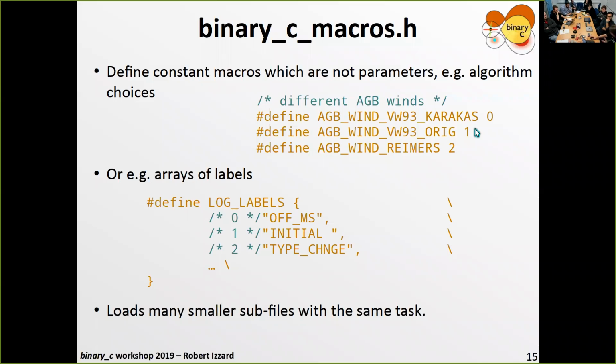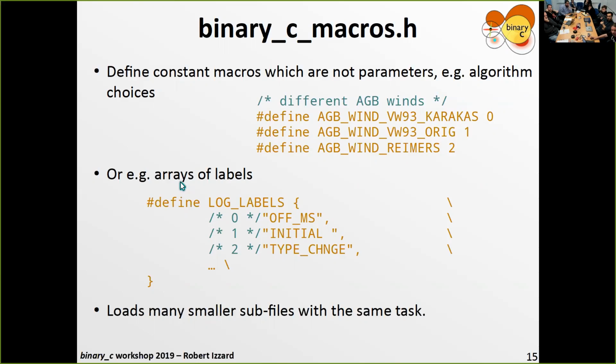You can also do this on the command line when you run it. You can also do this in binary grid when you run it. You can do it with the Python interface when you run it. So I would always recommend using the words because it's much more obvious to someone coming in and looking at your code that the first option here means the Caracas BW93 rate rather than just 0, which is meaningless.